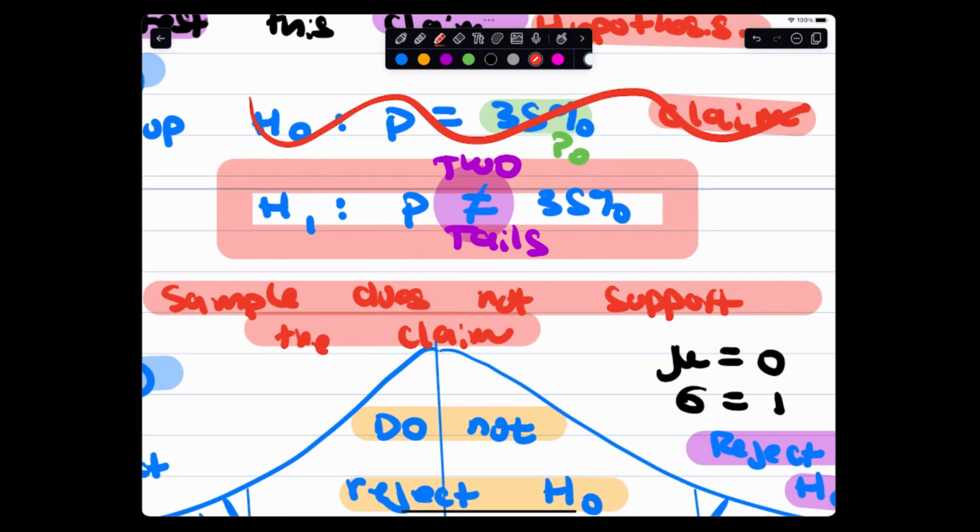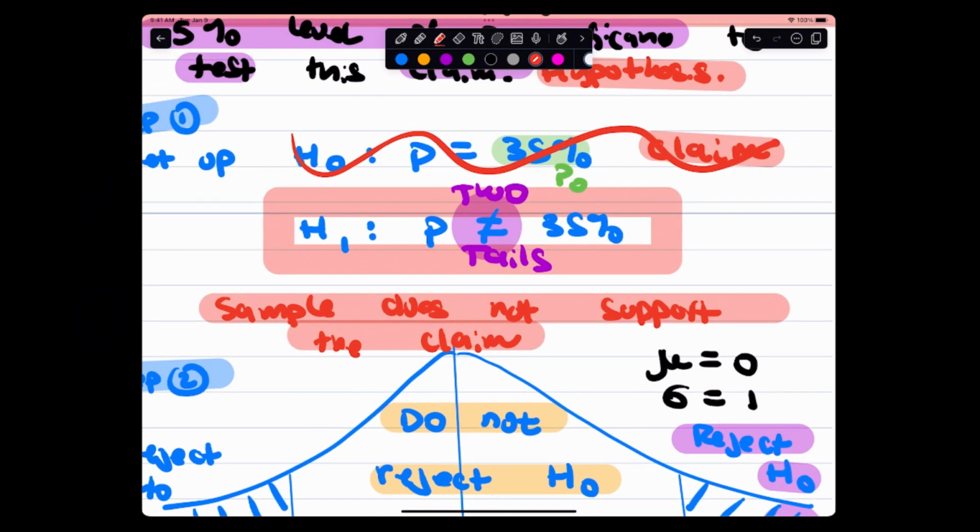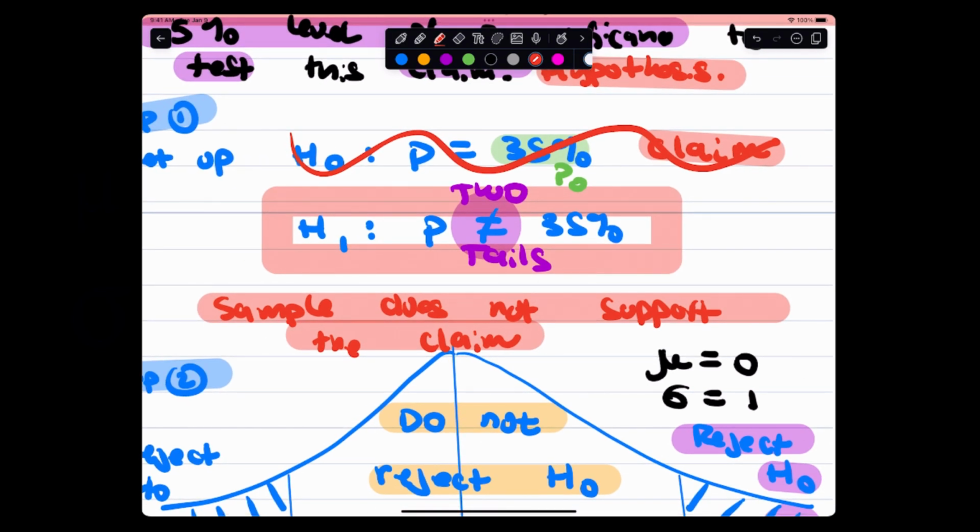And there it is. You guys okay with that? Sample does not support the claim.